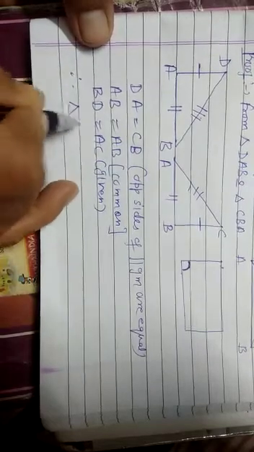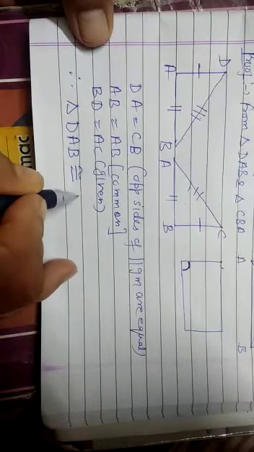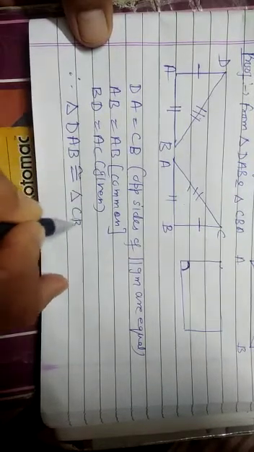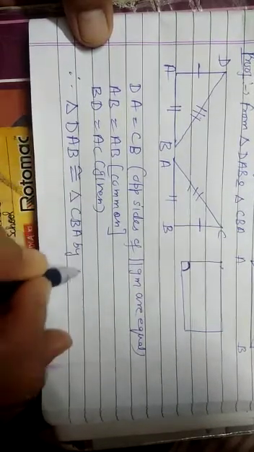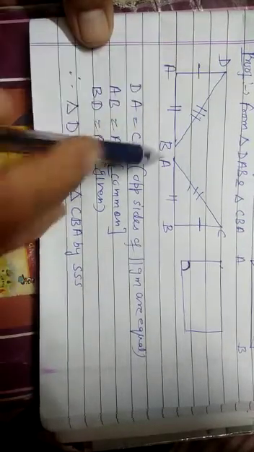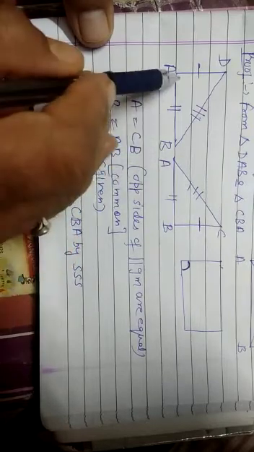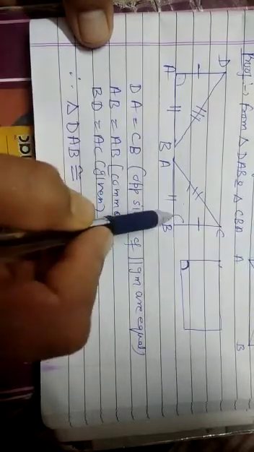Therefore triangle DAB is congruent to triangle CBA by SSS congruency.